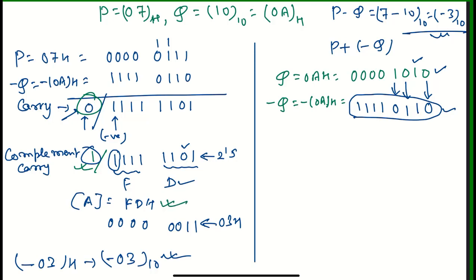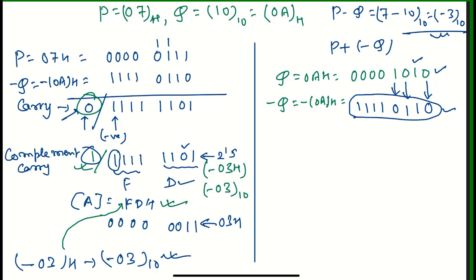That is the representation of -03H, or even of -03 in decimal also. So our expectation has been met. The only point is we have to be careful while taking the status of the carry.